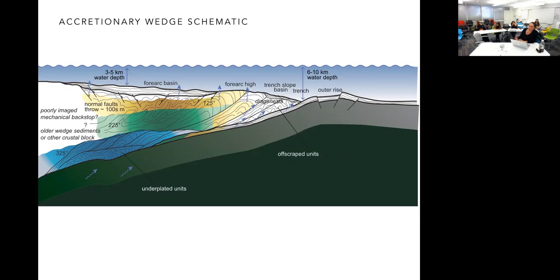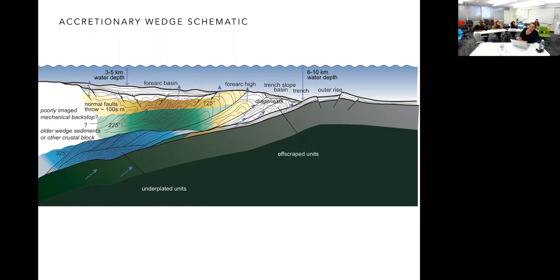In California history, for example, in the late Cretaceous, the Sierran Arc was super active. There was a massive pulse of sediment supply into the Franciscan Trench. During that time, a lot of sediment was off-scraped and a lot was subducted and underplated. So the wedge was thickening and elongating at the same time.